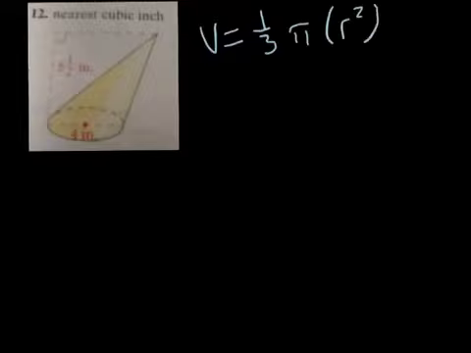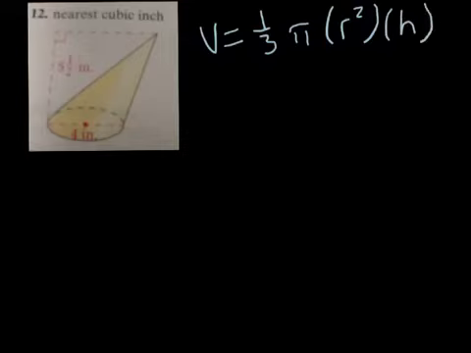The last example we're going to do in this video is going to be for the volume of a cone, and this is number 12 in your book. It can be found on page 634, and basically we're using the equation that we had written down from the first part of this video, which is volume is equal to 1/3 pi times radius squared times height.